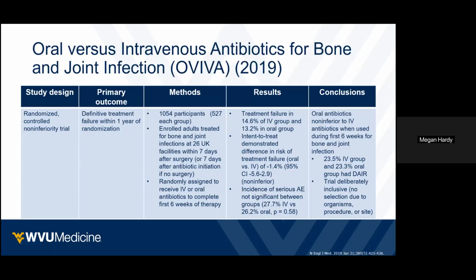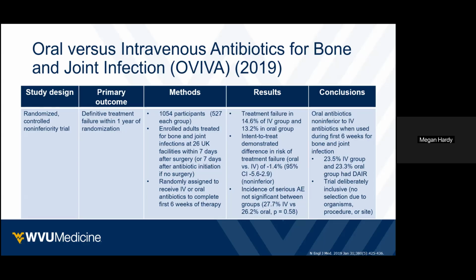So our 2019 landmark trial, oral versus intravenous antibiotics for bone and joint infection, was a randomized controlled non-inferiority trial looking at definitive treatment failure within 1 year of randomization, with 1,054 participants at 26 different UK facilities, within 7 days of surgery, or 7 days after antibiotic initiation if no surgery. They were randomly assigned to receive either IV or oral antimicrobials to complete the first 6 weeks of therapy.